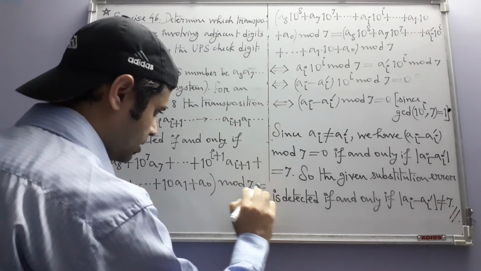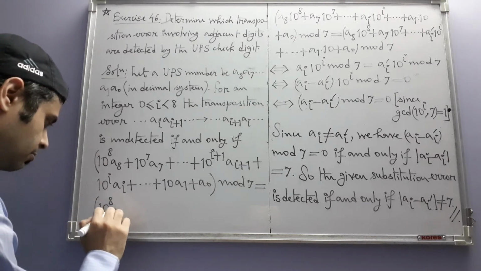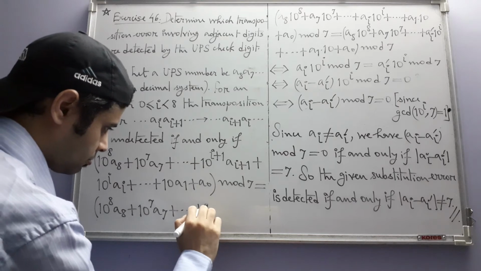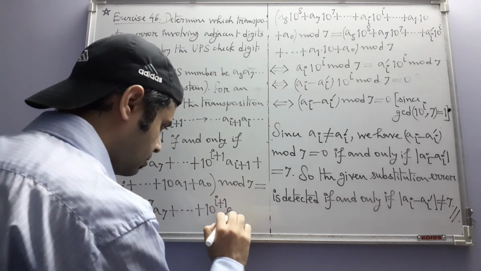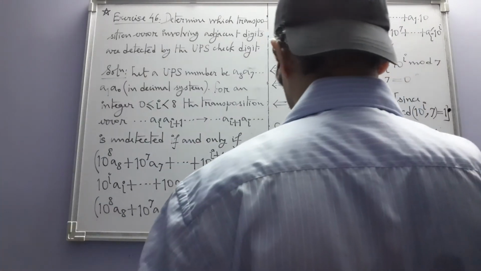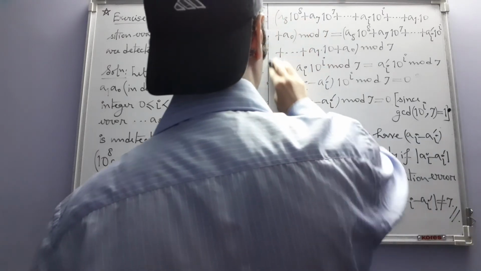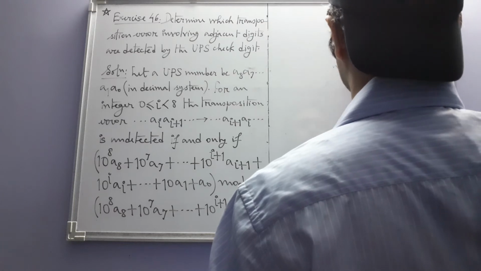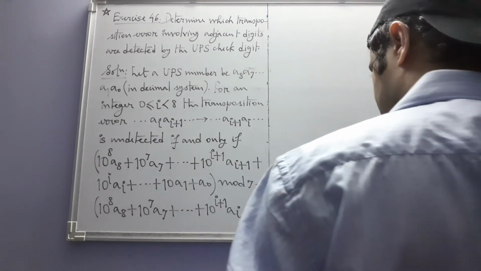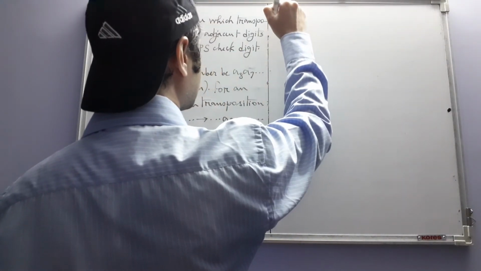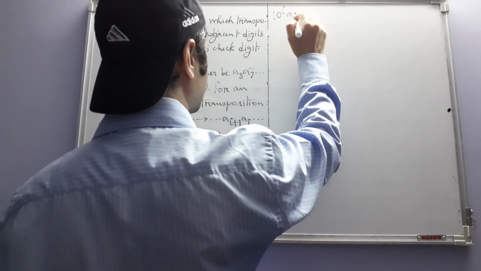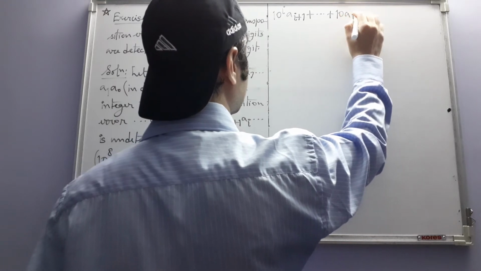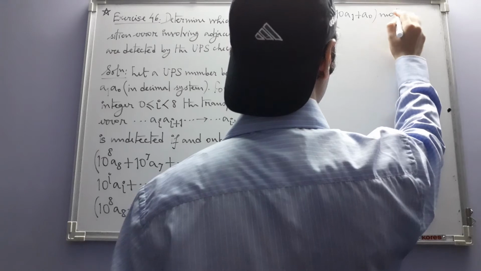mod 7 is equal to the same expression with 10 to the power i+1 times A_i, plus 10 to the power i times A_{i+1} and the rest of the terms are same, plus A0 mod 7.